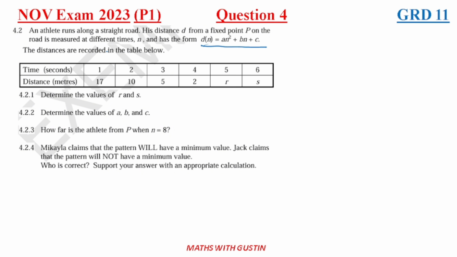The distances are recorded in the table below. In 1 second 17, 2 seconds 10, 3 seconds 5, 4 seconds 2. These ones we don't know, it's r and s respectively for 5 seconds and 6 seconds. The first thing there, it says determine the values of r and s. Okay, so let's come here.